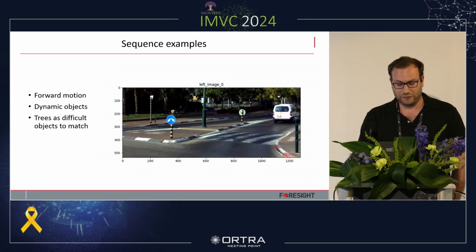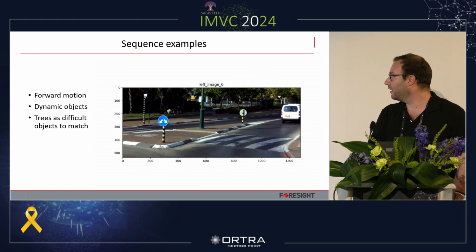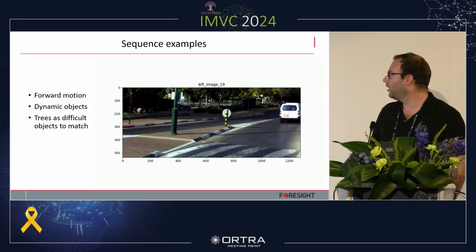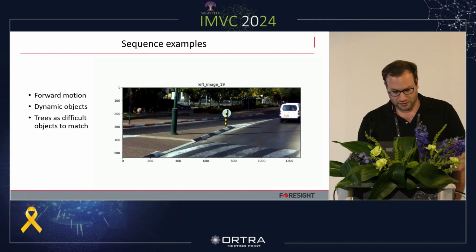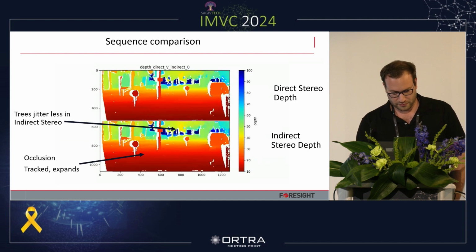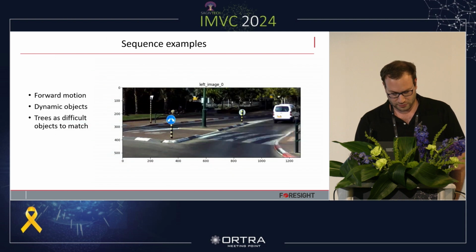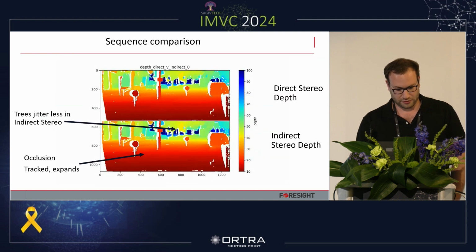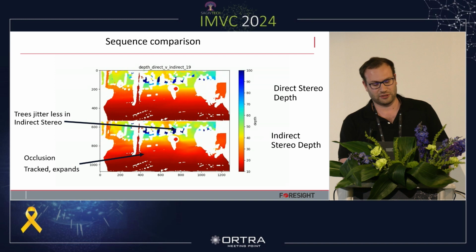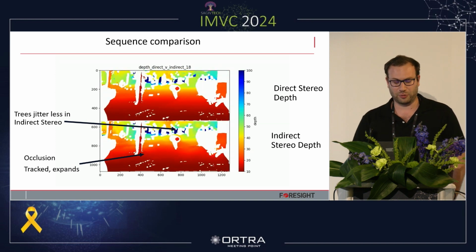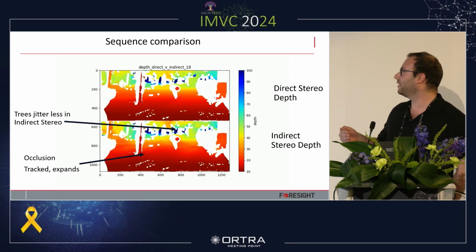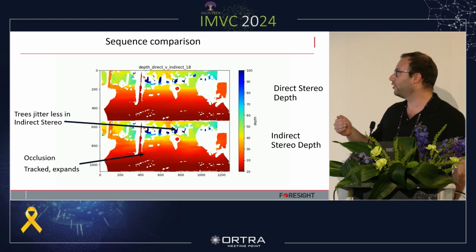So this is an example video I'm going to show the results on. It's pretty straightforward. There is a dynamic object in the image. Of course, this is the vehicle we're driving behind. Okay, so this is the result. On the top, we can see what happens if we estimate a new disparity every frame.